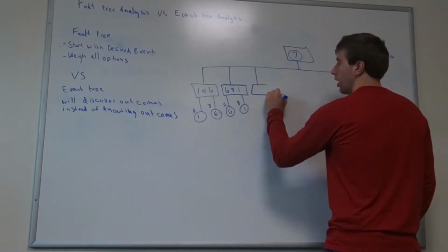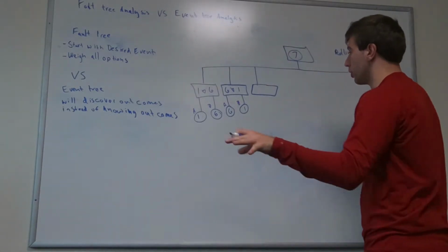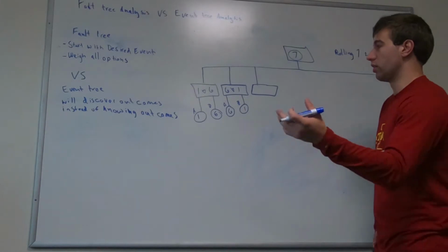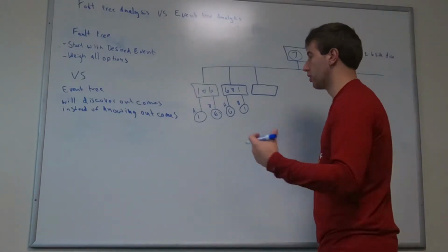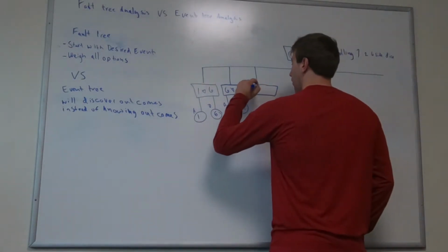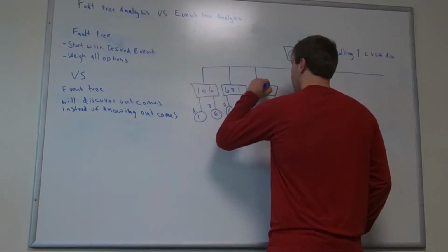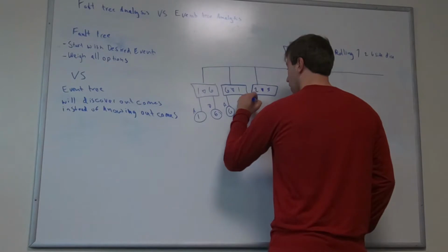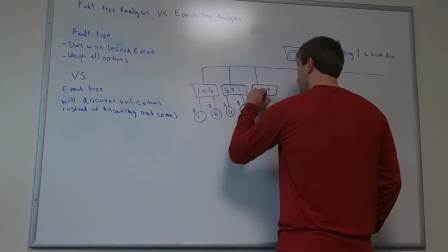We just keep building this out. Don't worry, I'm going to speed this up so you guys don't have to watch me draw all this. But I think it's very important to see the beginnings of this, so we'll do 3 events and then I'll speed it up. So now we have a 2 and a 5. Dice A gets 2, dice B gets 5.